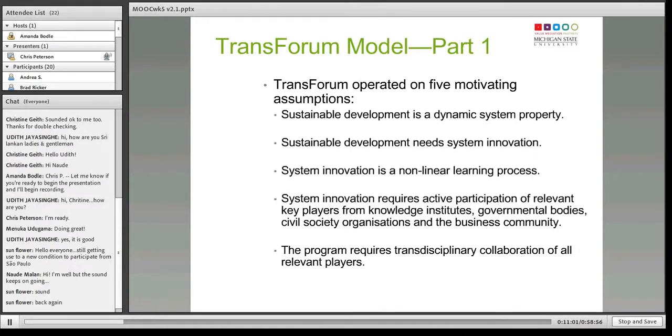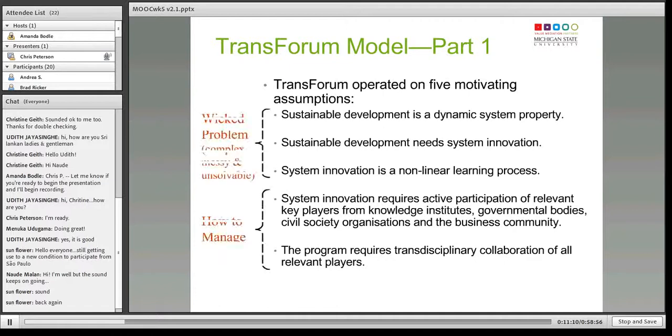Now, it turns out that if you separate these five operating assumptions, the first three of these really say that you're looking at a wicked problem. Now, this is a term that comes out of the social planning literature of the 1970s. Also, interestingly enough, it comes out of advanced computer systems work.